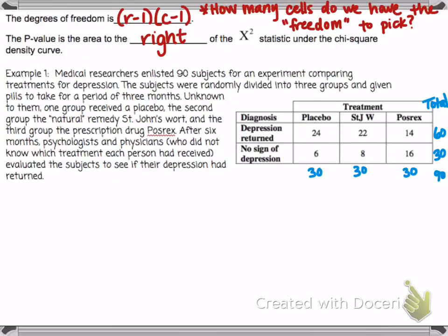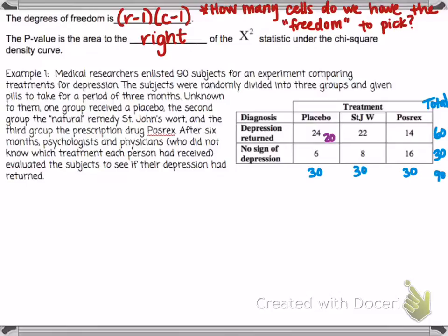So I like to think of it actually as 60 divided by 90 and then times 30 for the placebo group. Okay, that's the same thing as if I just do 30 times 60 divided by 90, but that's where that comes from. It's because we're assuming that each of those groups have 2/3 depression returning and 1/3 not. So if I do 60 times 30, multiplying these two, row total times the column total, and then divide by 90, I'm going to get an expected value of 20 for the placebo depression returning group.